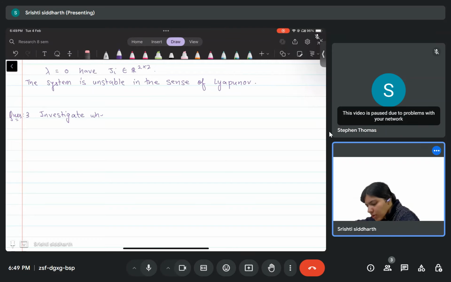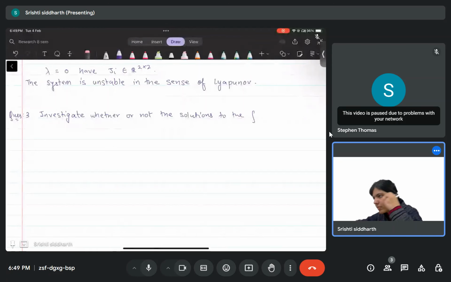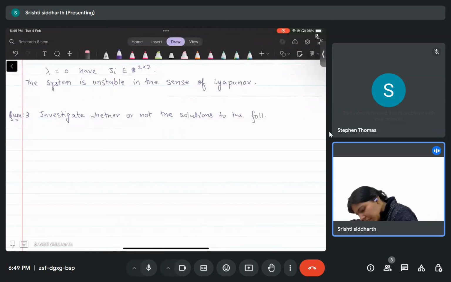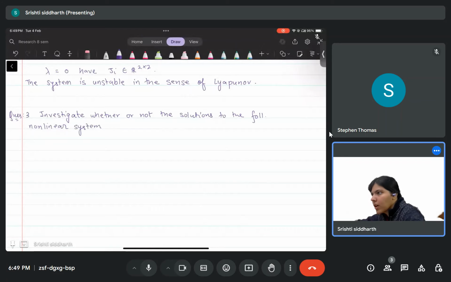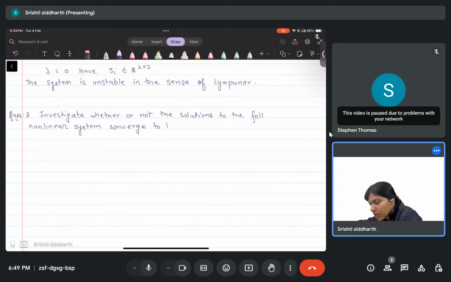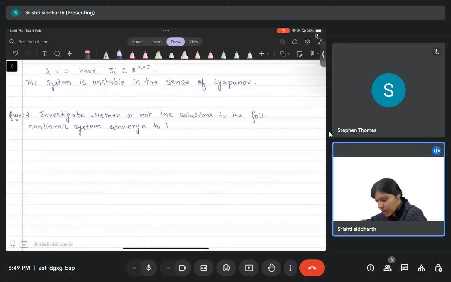Solutions to the following nonlinear system. First to the origin. So what we are trying to find out is if the nonlinear system is asymptotically stable or not. The dimension is R2, so we have a state space of second order.